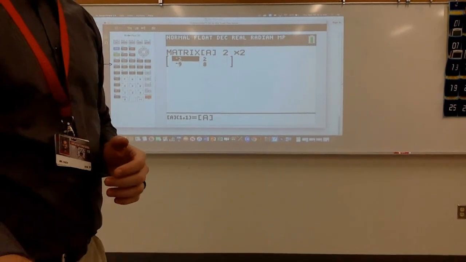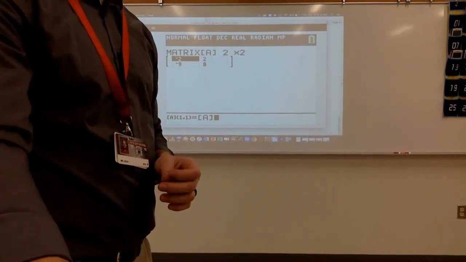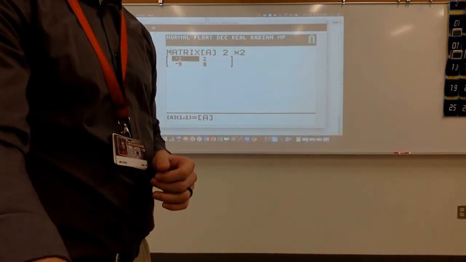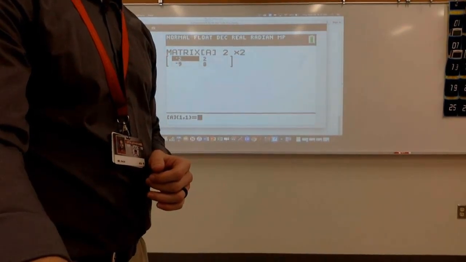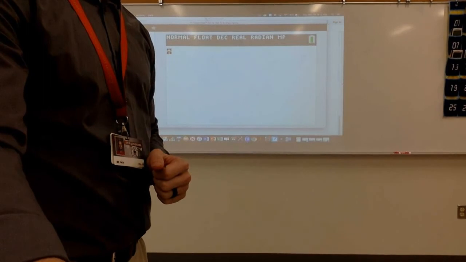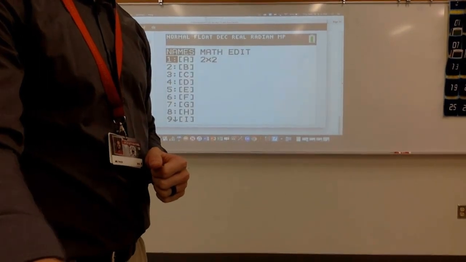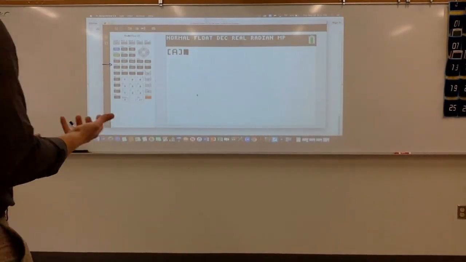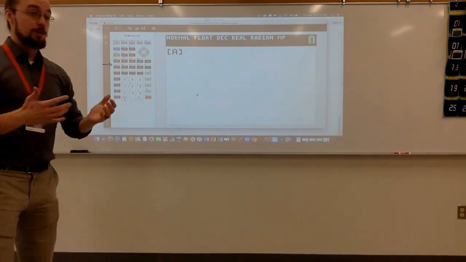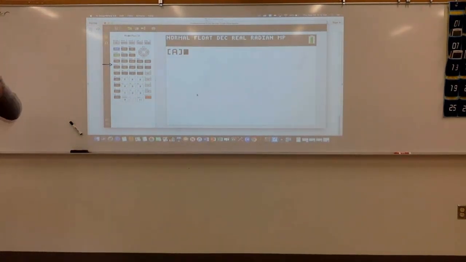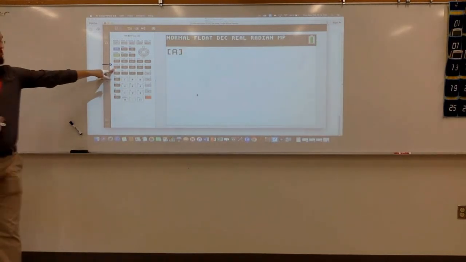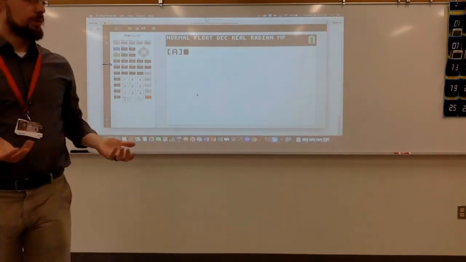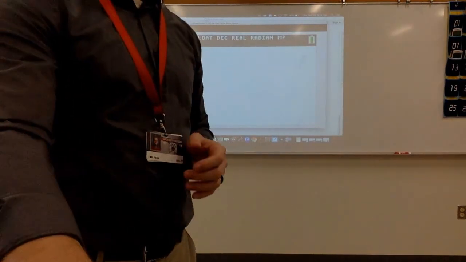Oops, I need to quit that and then go to matrix. So if I hit enter, now it brings me to the home screen and puts matrix A up on the home screen. To find the inverse, I'm just going to press this inverse button, the same button that we pressed for the matrix.